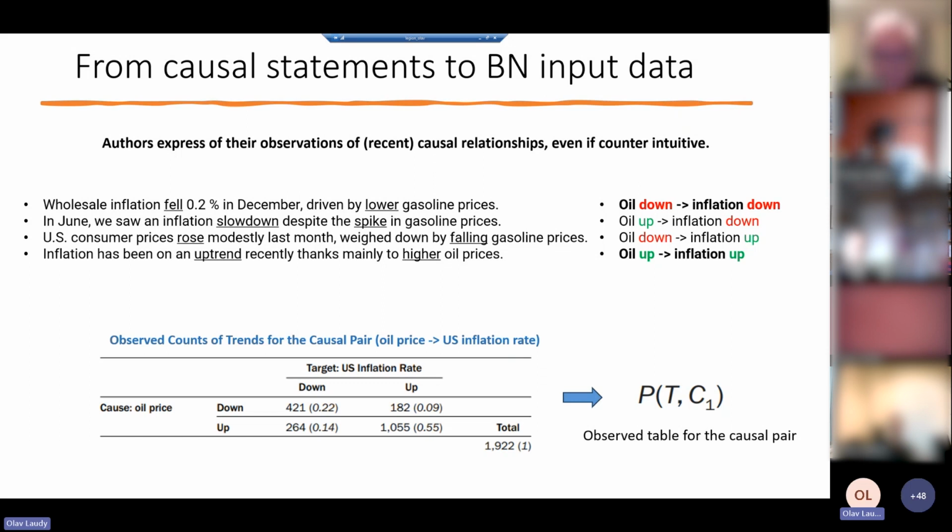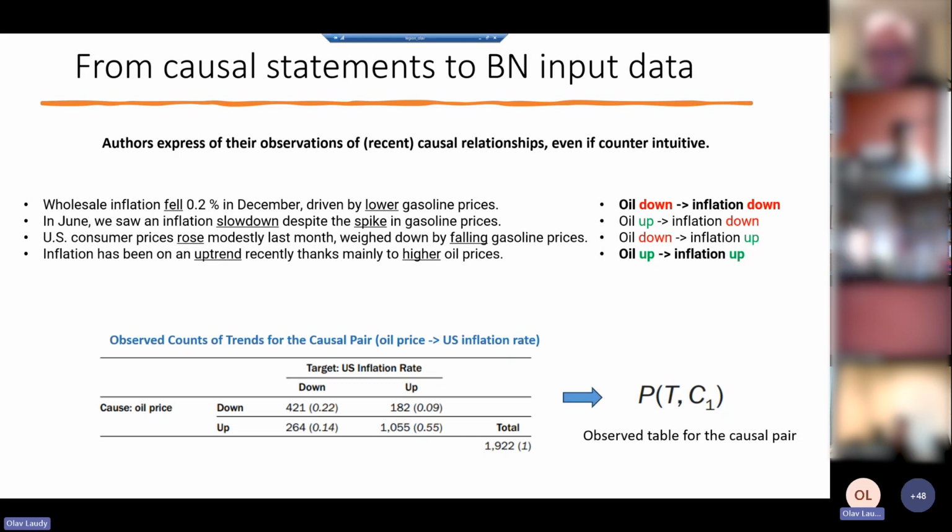What do I mean by that? Well, an author can, for example, write, the inflation fell 0.2% driven by lower gasoline prices. So we can see that the oil price was down, and as a result, the inflation rate comes down. We understand this is normal because the oil price has a positive relationship with inflation.